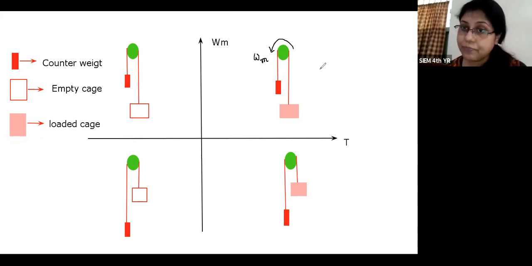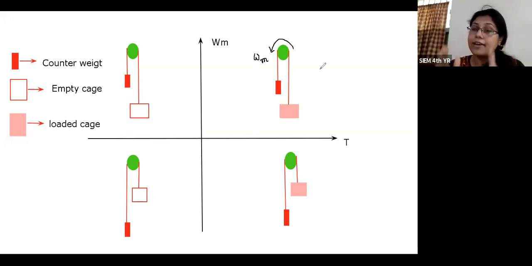So obviously, when the cage is loaded, the load torque will operate according to that load. When the cage is loaded, the weight of the loaded cage is greater than the weight of the counterweight, right?